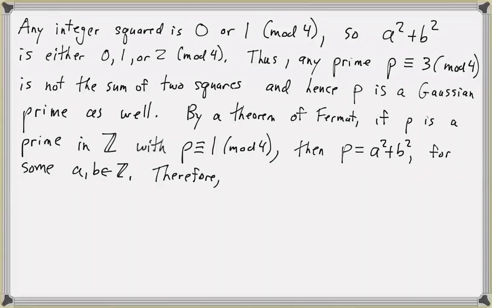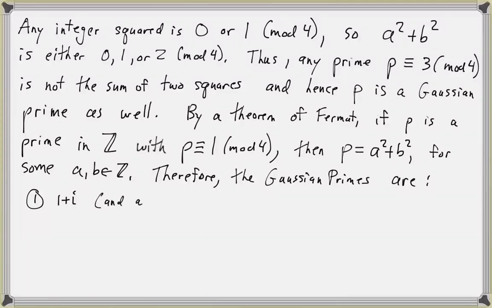So therefore, the Gaussian primes, that is, the irreducible elements in the ring of Gaussian integers, consist of, first, the Gaussian prime 1 plus i, and then any associates.